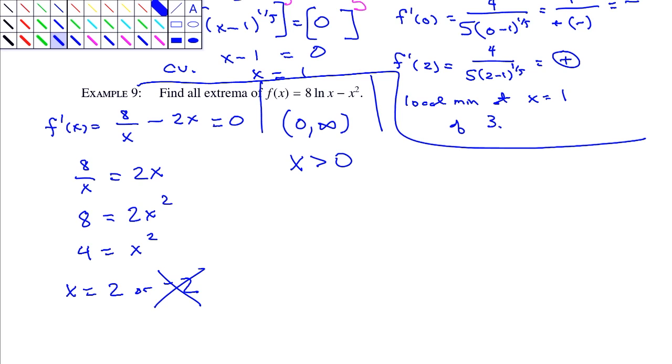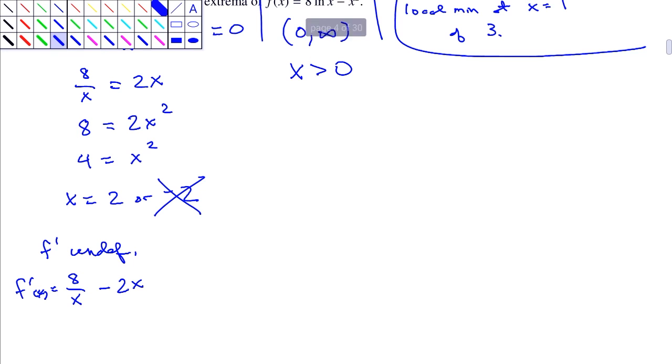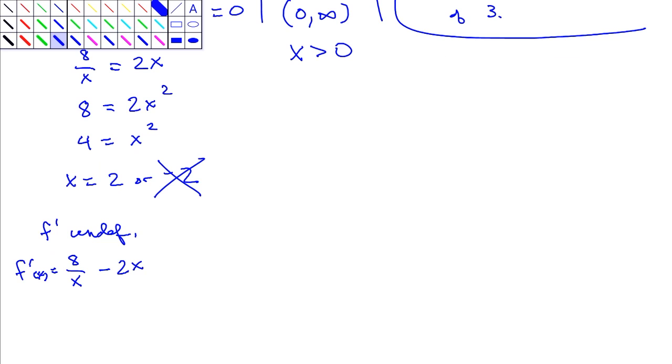So the 2 was found by setting the derivative equal to 0. What if we look to see where the derivative is undefined? The derivative was 8 over x minus 2x. A function is undefined when its denominator is equal to 0. And so what value of x would make this function undefined? 0.